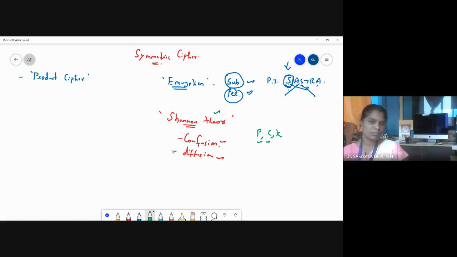Okay. What is confusion? Confusion means, in order to provide an efficient crypto system or attack resistant crypto system, we have to break the relationship between plain text and ciphertext. I think now you may have some confusion about the relationship between the plain text and ciphertext.